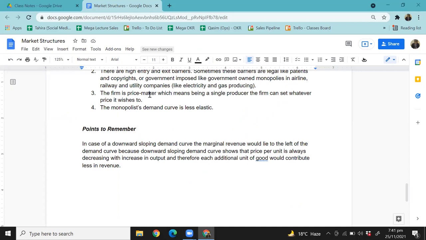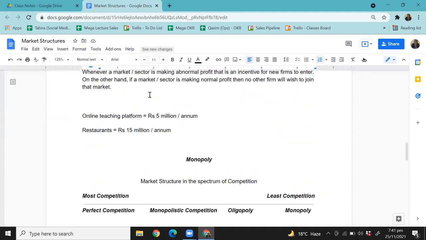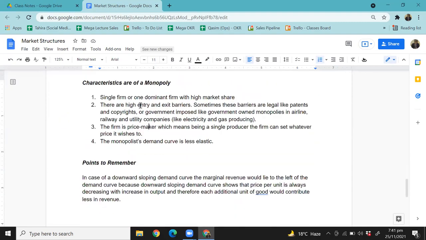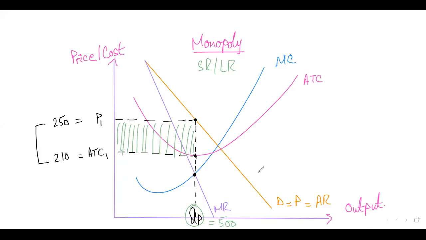Now, what does this mean? This means that it's almost impossible for new firms to enter the market. Just imagine, it's really difficult for new firms to enter because entry barriers are really high.